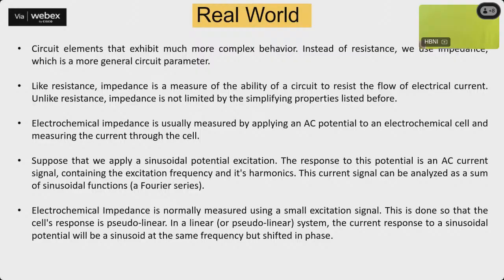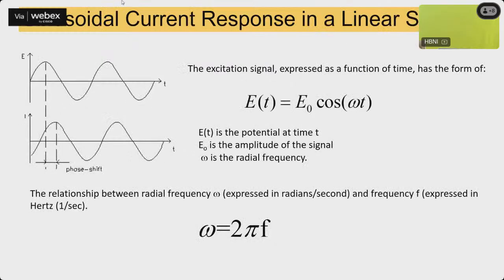In a linear or pseudolinear system, which is tending towards a linear system, the current response to a sinusoidal potential is going to be a sinusoid at the same frequency, but there is going to be a phase shift. That is very important. So this concept is very important. So what is happening now? This excitation signal E(t) is equal to E0.